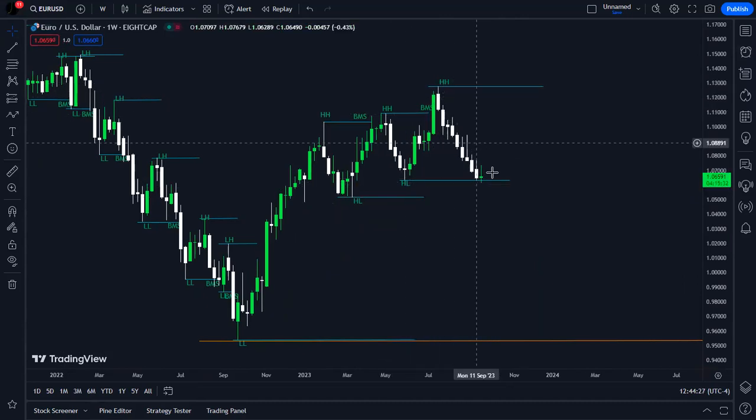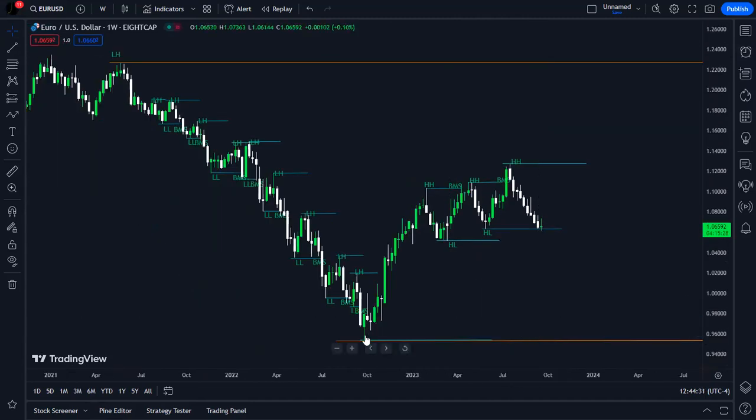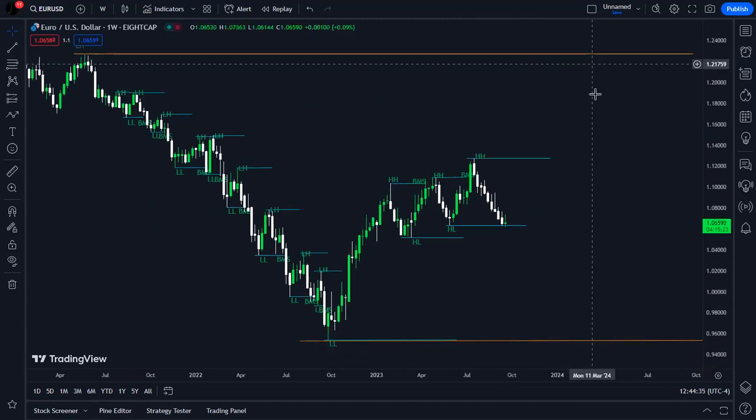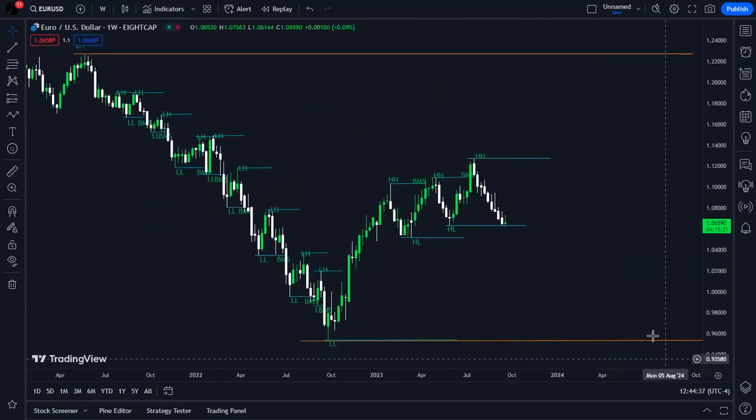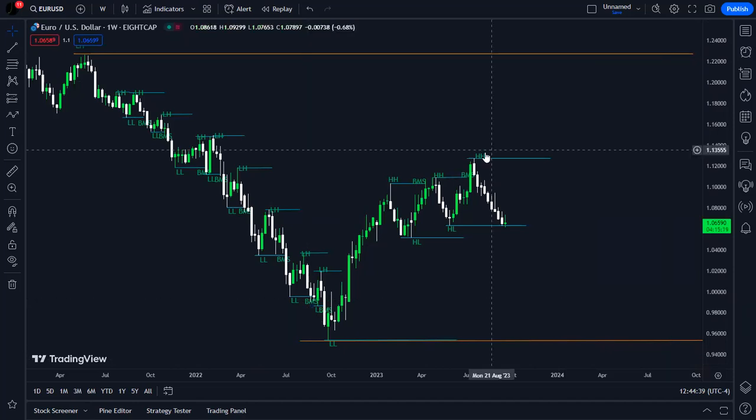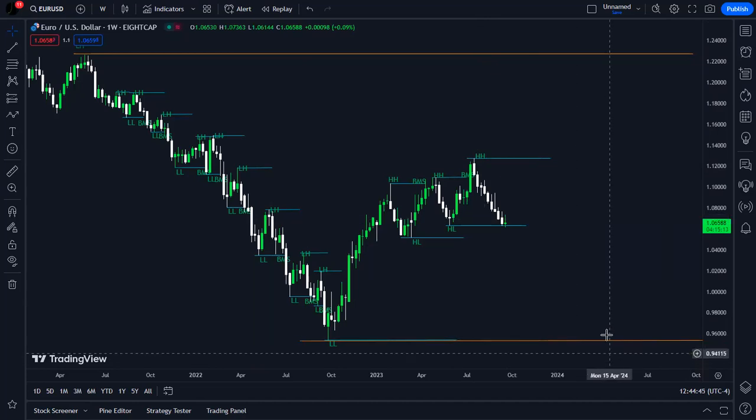So it will drop, break this, break this, break this, going for the monthly lower low. That's because this is the monthly dealing range doing this lower high, lower low. So this is just a retracement, the monthly lower high, then it drops to break the monthly dealing range. Hence, we have a breaking market structure somewhere here.